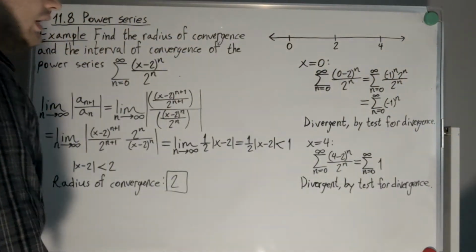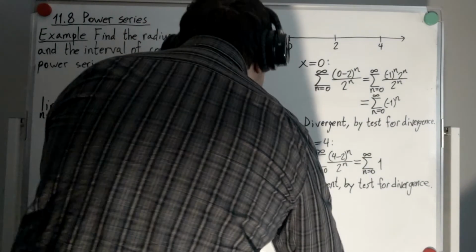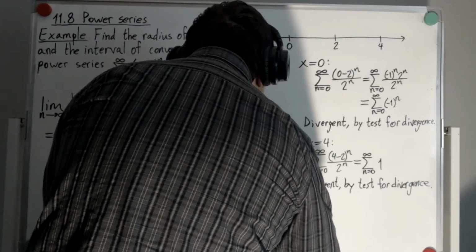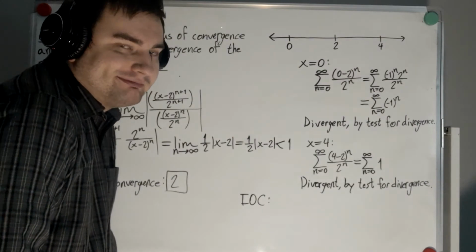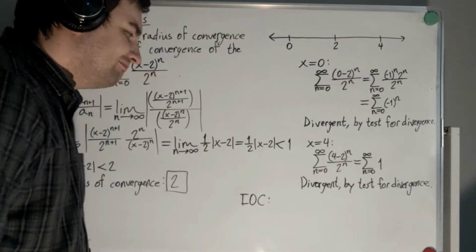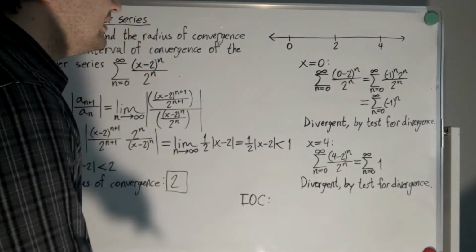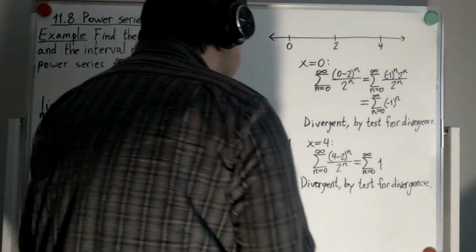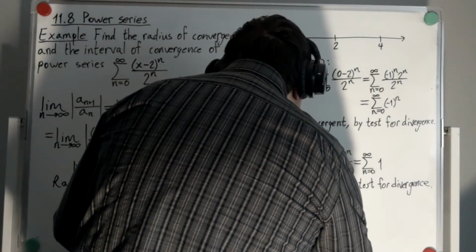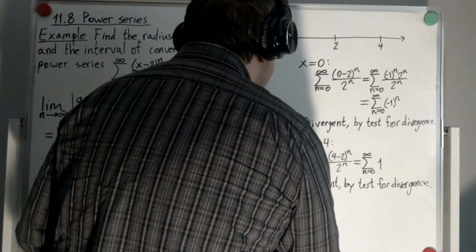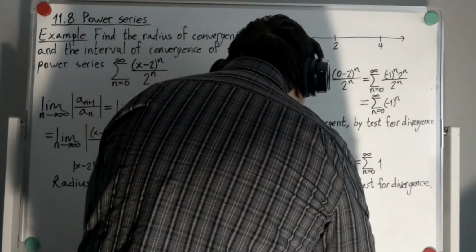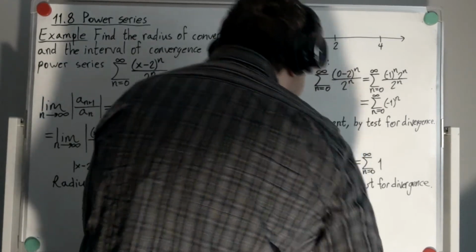Okay. And so what we get here is that the interval of convergence, which I'm just going to abbreviate as IOC from now on, is that you get convergence if and only if x is greater than 0 and less than 4.